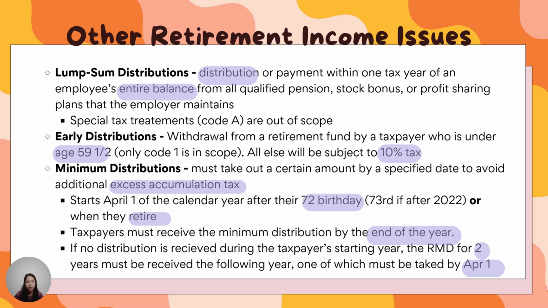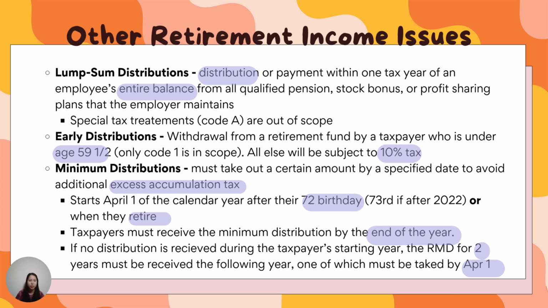There are special tax treatments in Code A that are out of scope, but basically lump sum distributions is where a taxpayer takes the entire balance, so everything from qualified pensions, anything from IRAs, anything from their employer's retirement accounts, and they take it all out in one lump sum distribution.